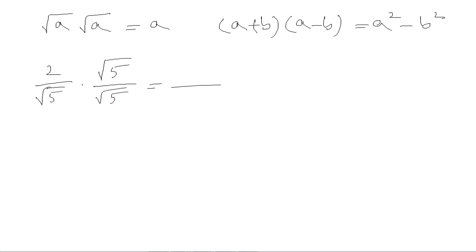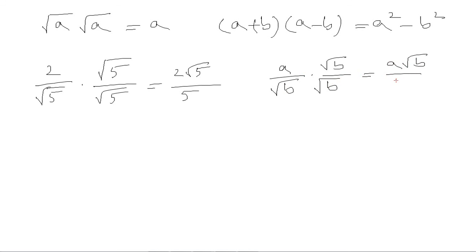Then you would have 2 radical 5 in the numerator, and just 5 in the denominator, because radical 5 times radical 5 is 5. And now you have rationalized the denominator. So generally, if you have a over radical b, you multiply both numerator and denominator by radical b, and you get a radical b over b.